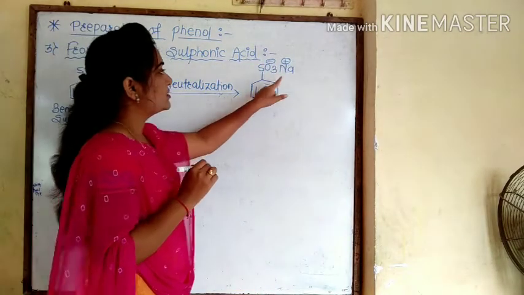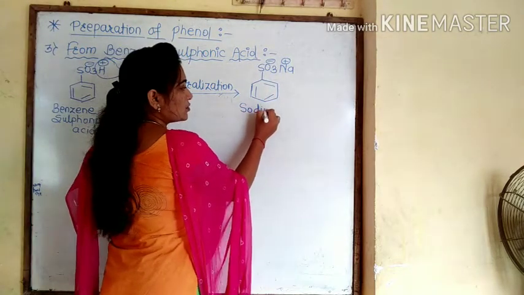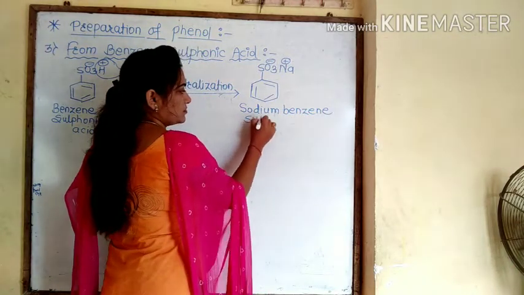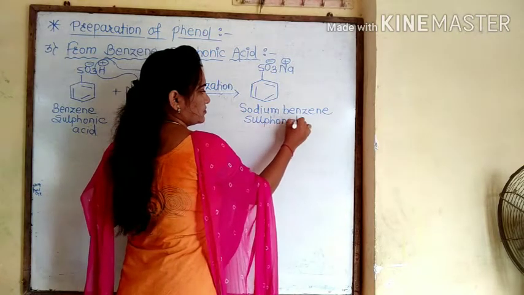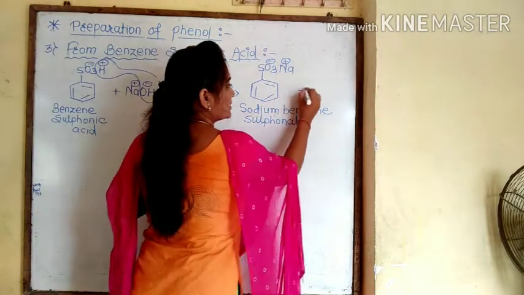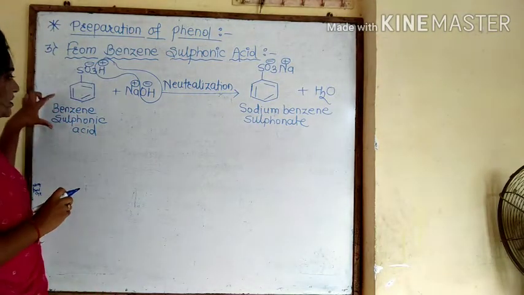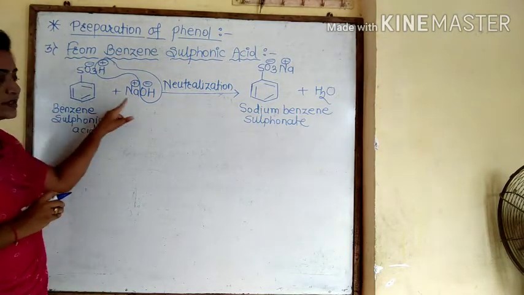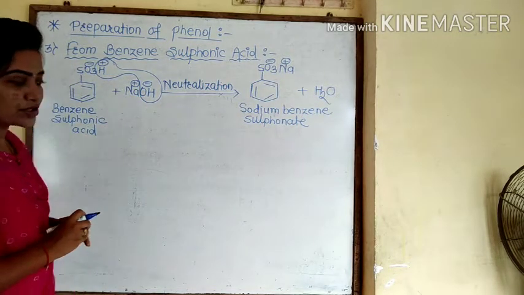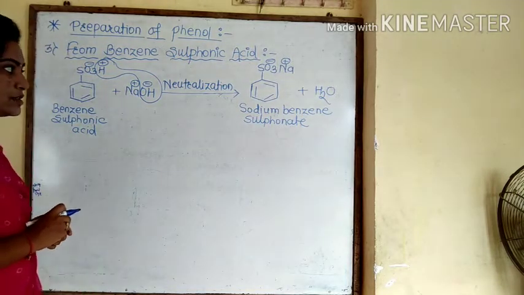So it is called sodium benzene sulfonate, formed with the loss of a water molecule. When benzene sulfonic acid reacts with NaOH, it undergoes neutralization, giving sodium benzene sulfonate with the loss of water.